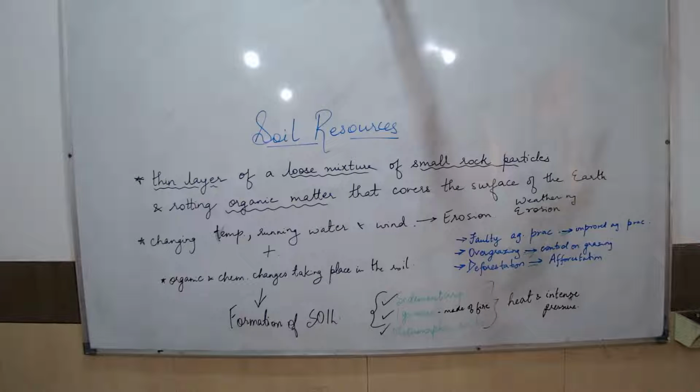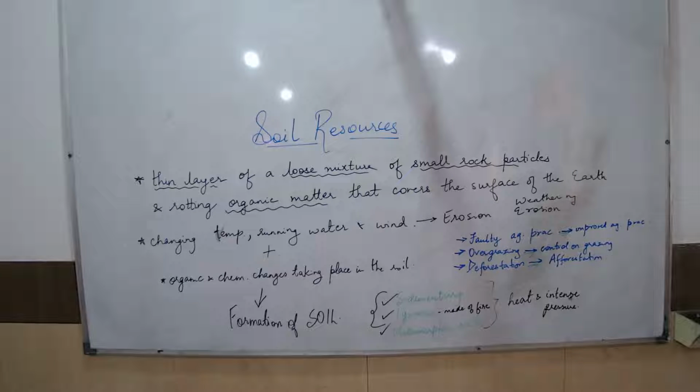Now, soil fertility. Soil fertility refers to the strength of the soil to support plant life. When we say something is fertile, we mean you can grow crops there, right? So it should be able to support plant life.